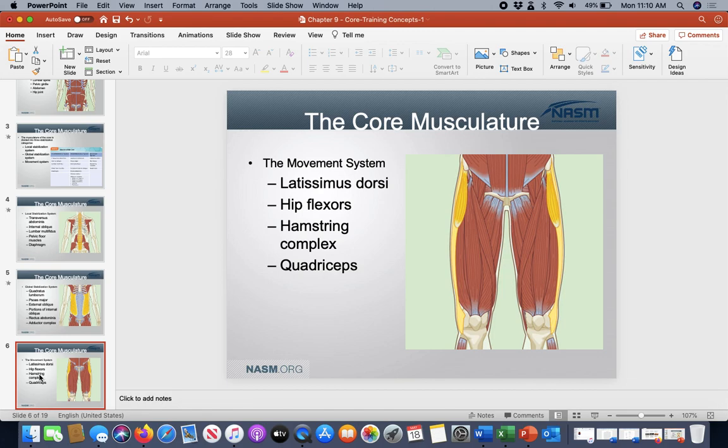Well, they are, but if you think about the attachment site of the lat, most people realize that it's a back muscle. Well, yeah, but it attaches to the humerus, but it also directly makes contact and connects directly to the vertebrae of the spine.